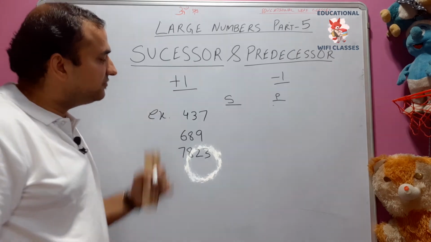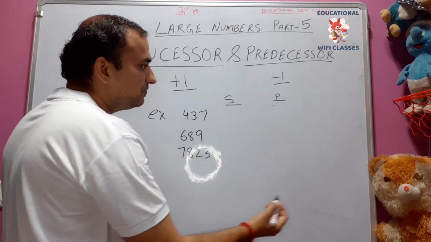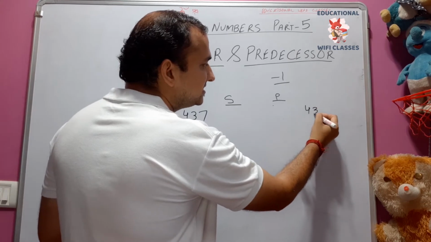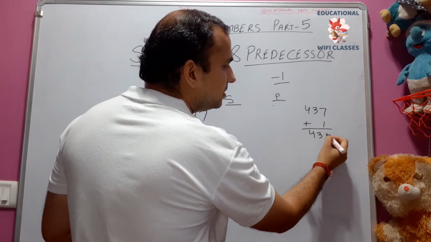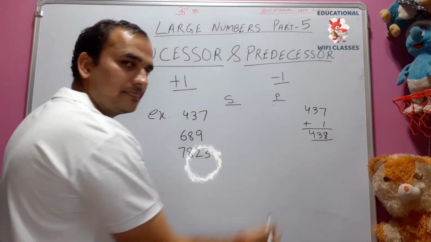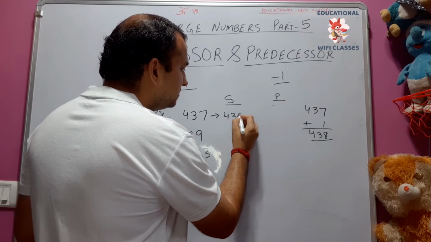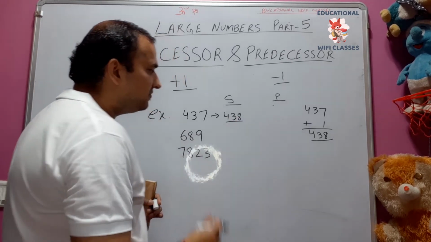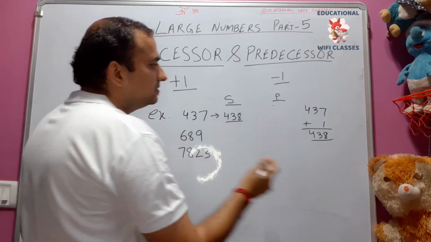So our first question is 437. How will I find the successor? I will do 437 plus 1. I get the answer 438. So I will write down 438 here as a successor, and for the predecessor I need to minus one from the original number.